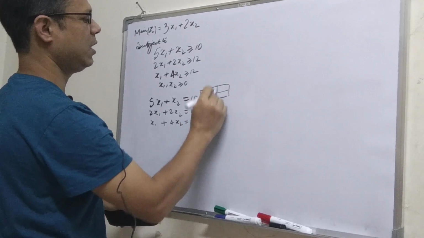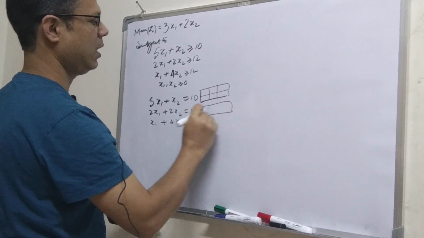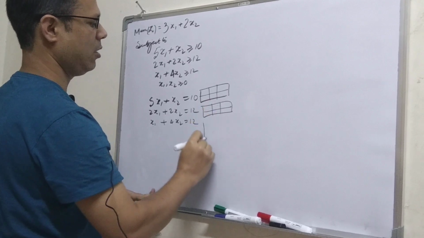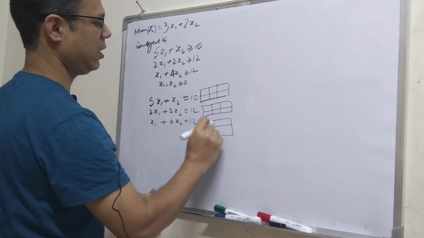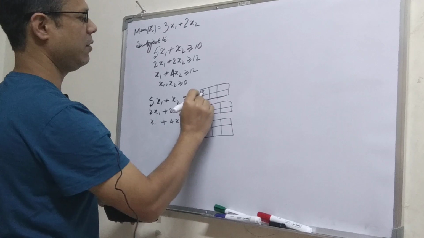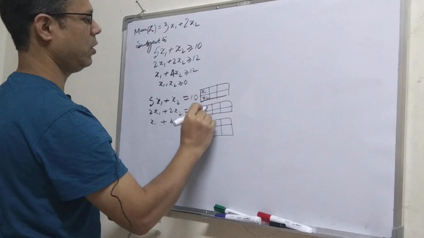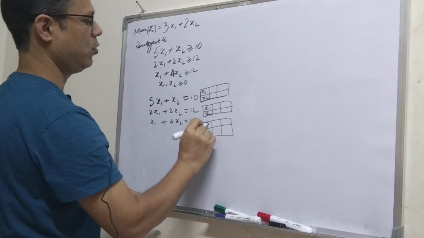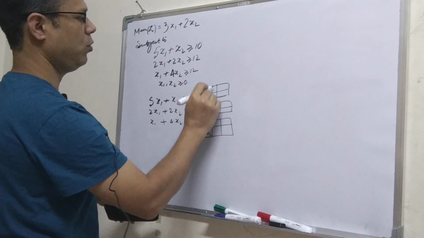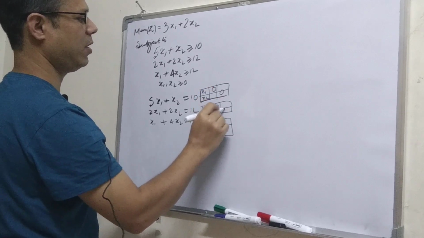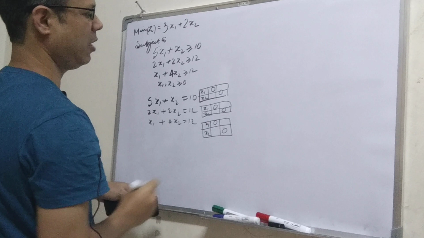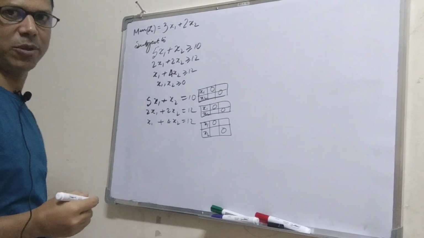We need to draw a table for all these 3 equations and write the values of x1 and x2. Whatever I applied in the maximization type, the same has to be applied in the minimization type of problem.